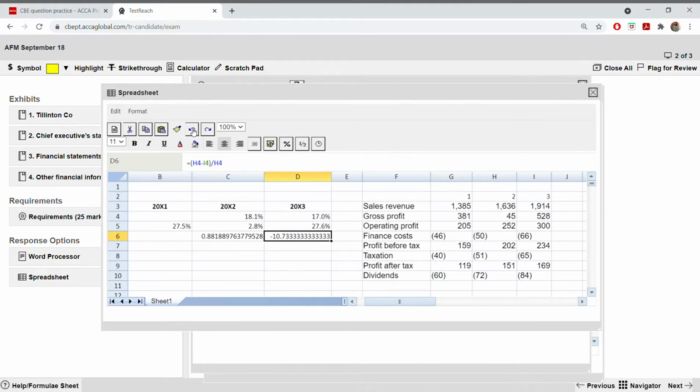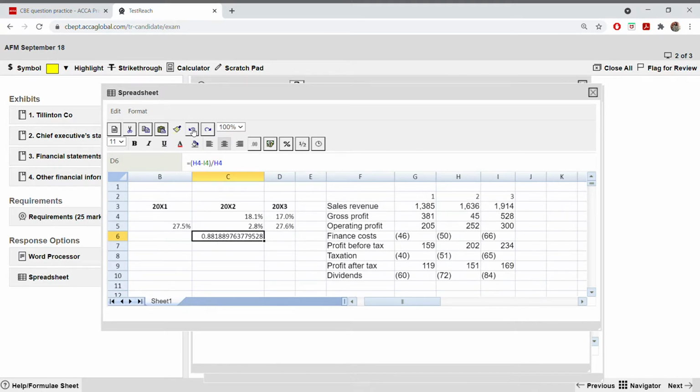So just undo, because that's not what I'm having in the answer. Percentage increase in gross profit.